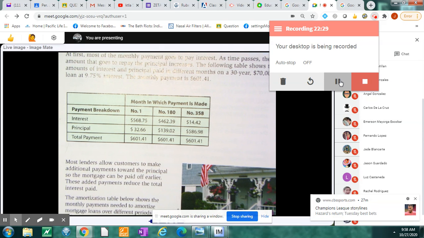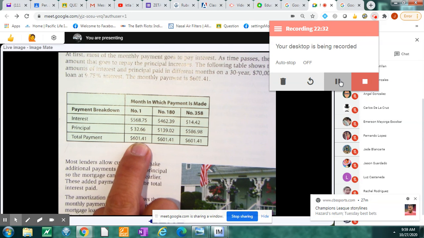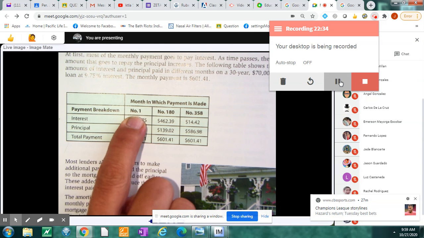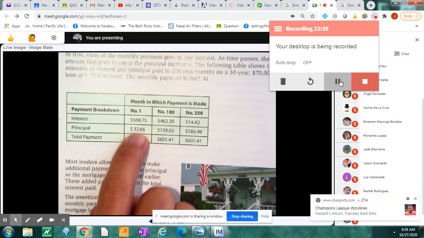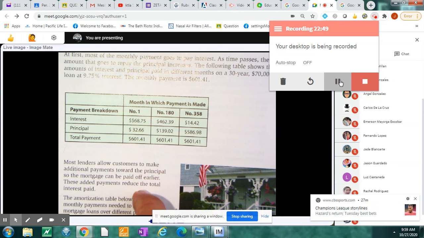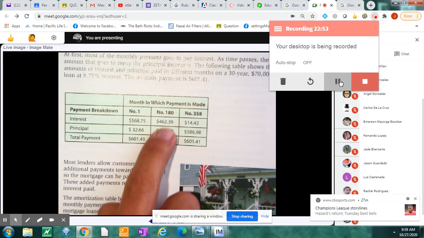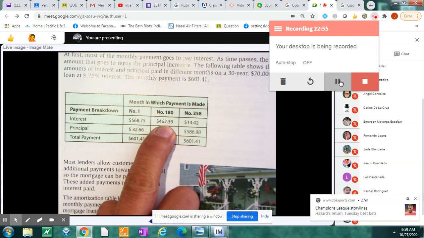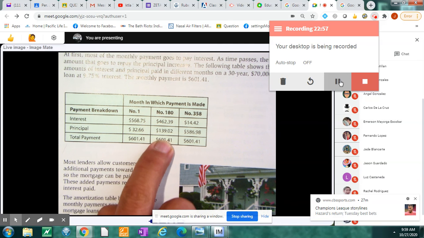I'll pause. If you have a fixed payment, this is month number one. You see how much the interest is? How much is going to your balance? Only $32. See that? How about in 180 months, which is like 12 years? Now the interest is a little lower and more goes to the principal.